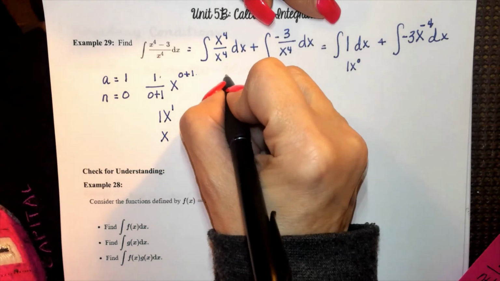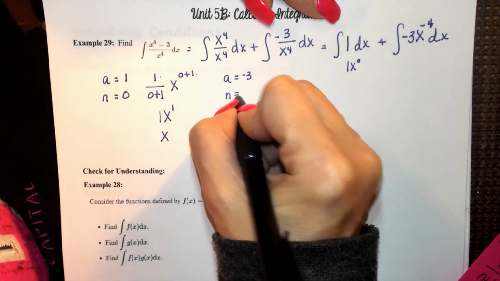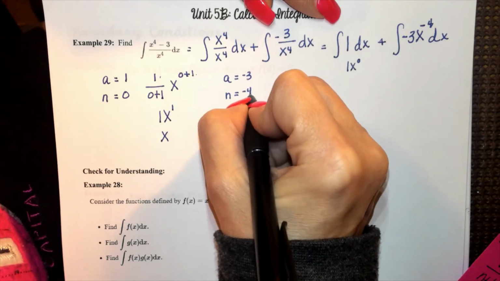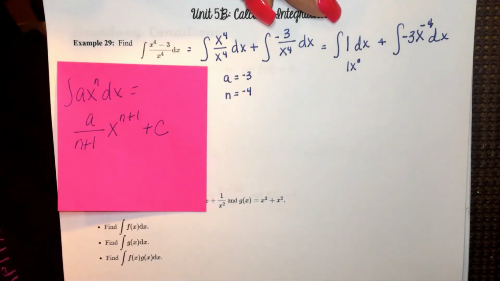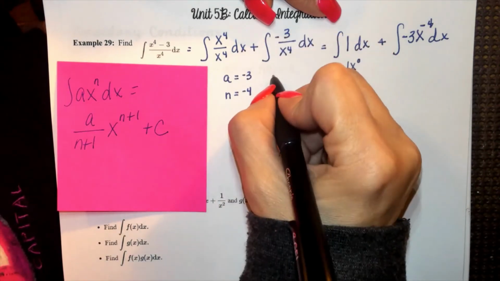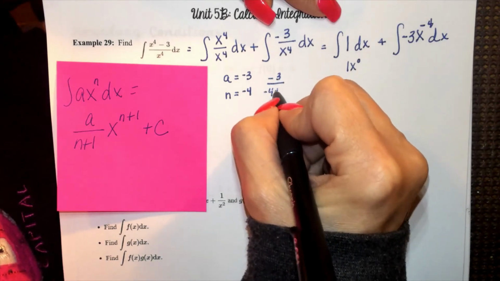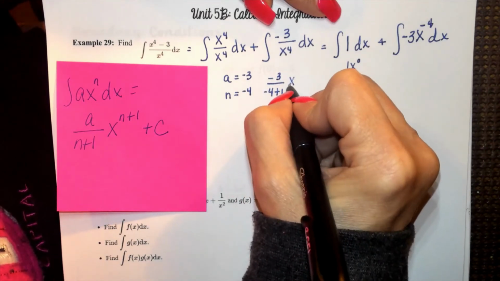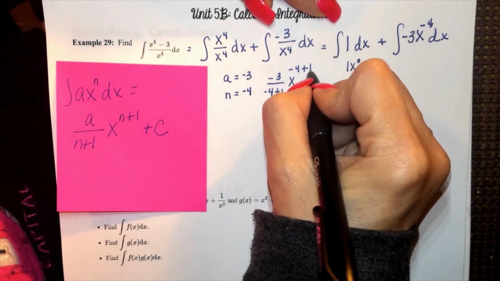This other one over here, my a is going to be negative 3. My n is going to be negative 4. Let me give you a second. Here's the rule you're using. So negative 3 over negative 4 plus 1 times x to the negative 4 plus 1.